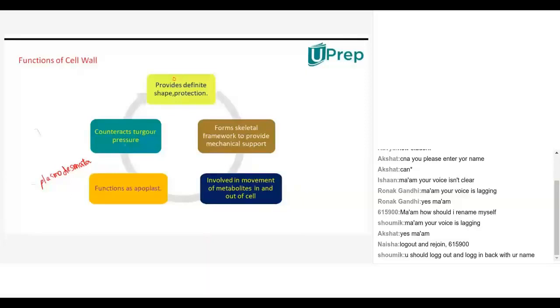So here, suppose you take a cell, assume that this is a plant cell, and in a plant cell you will have a big vacuole, isn't it? So this might be the cell wall. Suppose the outside environment of the cell has a high concentration compared to the inside environment of the cell.